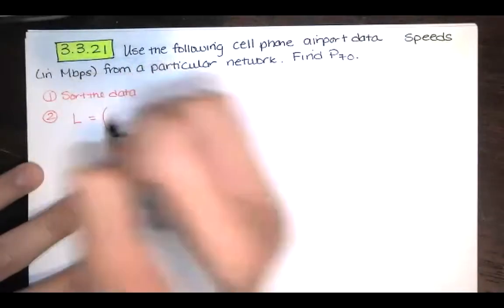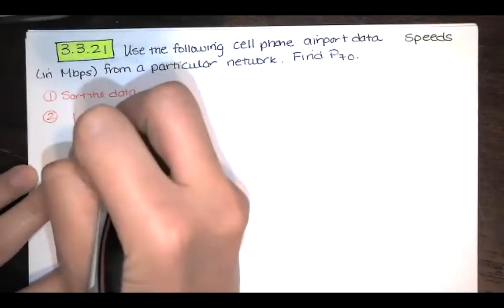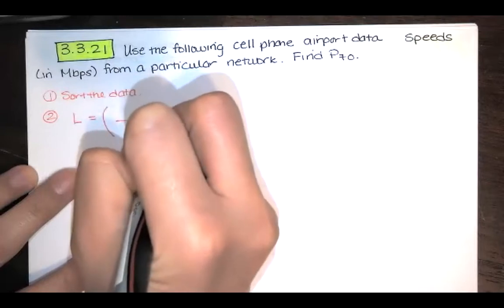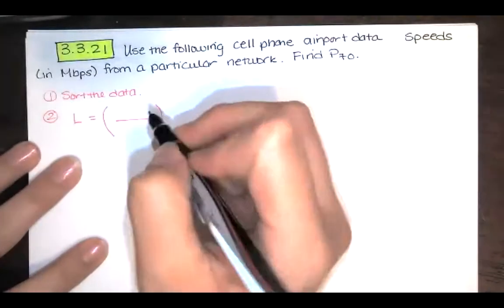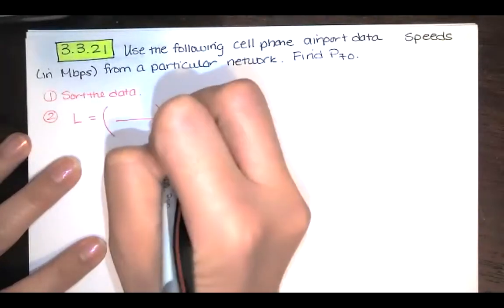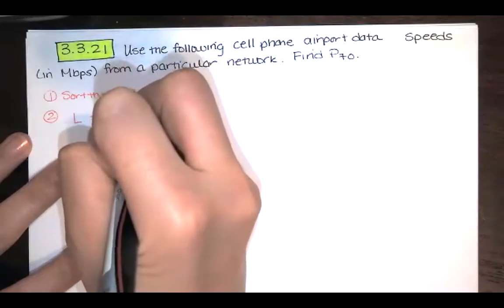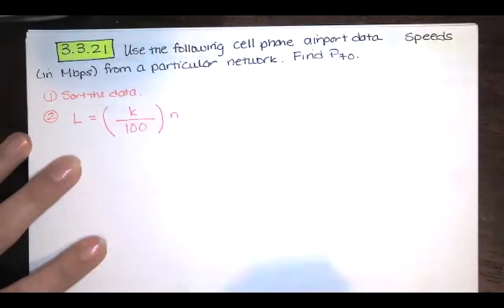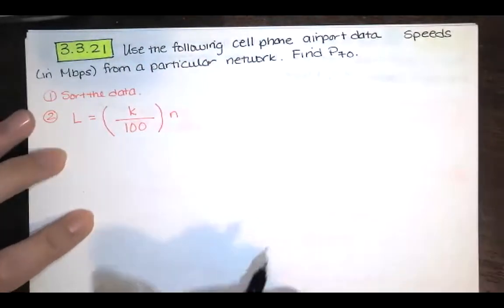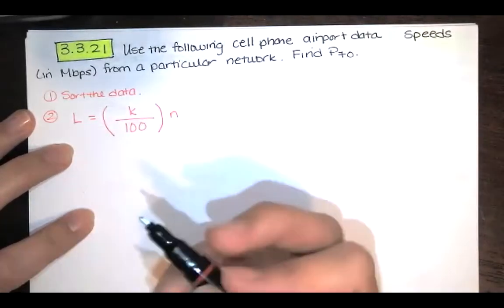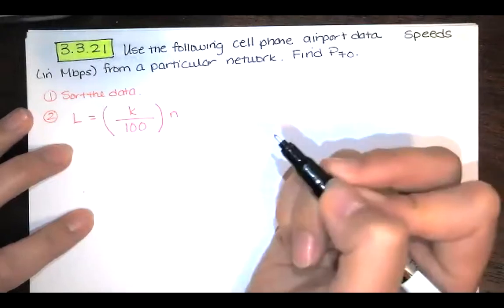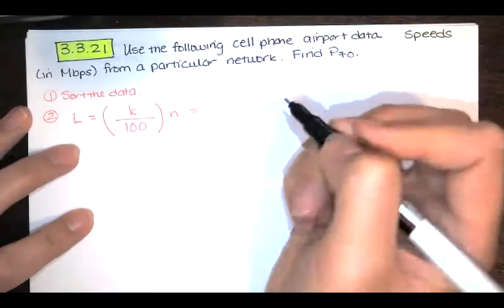In order to find that, we need to take the number of values that we have, which I believe was 50, yes, and we need to multiply by the percentile that we're looking for. So if we're looking for the 70th percentile, we're basically taking 70 over 100, which is 0.7, and we're multiplying it by the number of values that we have.